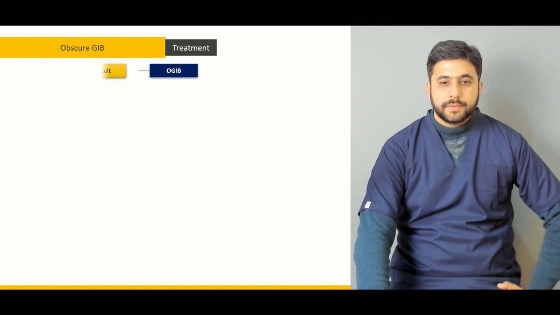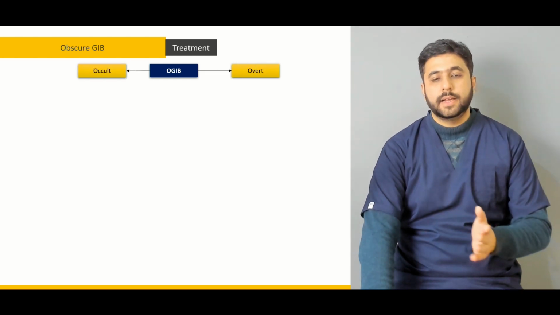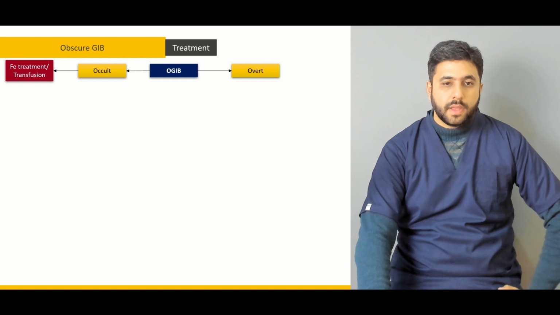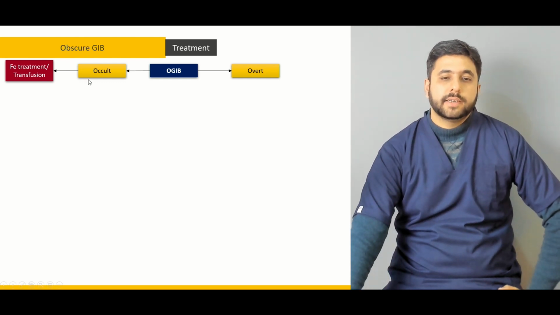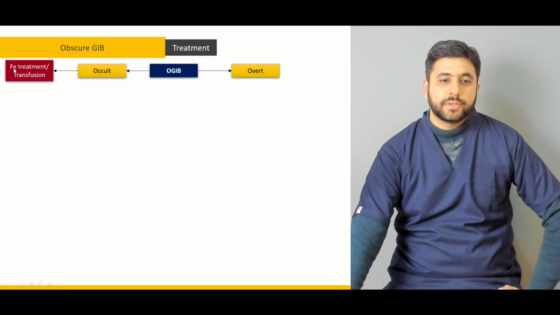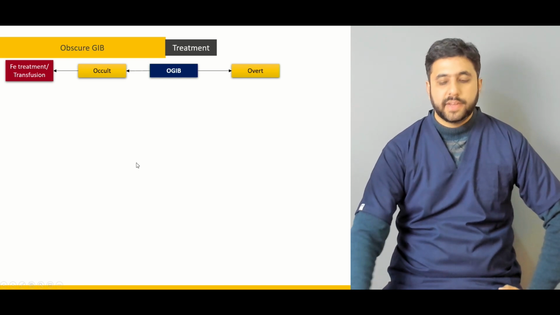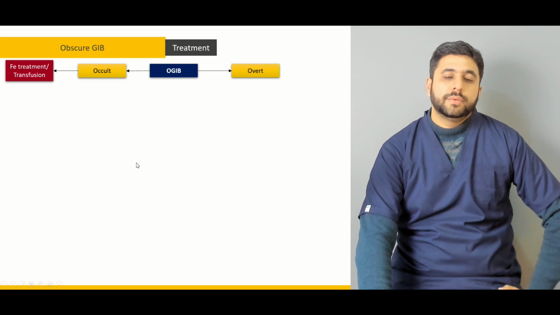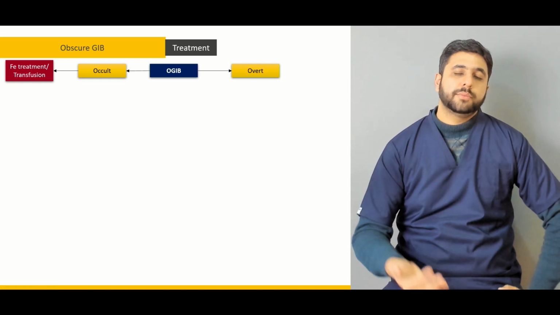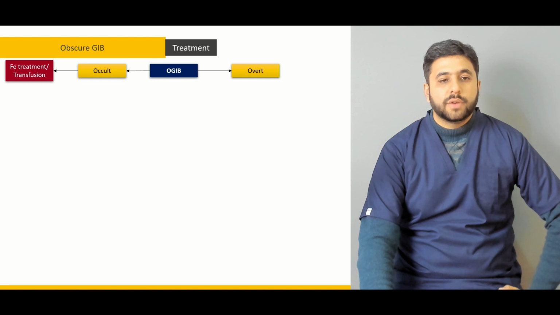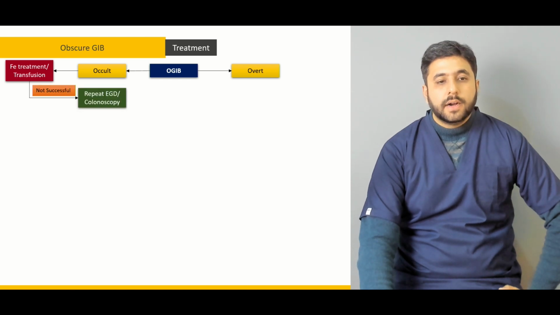All right. As I told you, it can be either occult or overt. If there is occult or hidden GI bleeding, you treat the patient with iron, or give an iron tablet, or a ferrous sulfate tablet, to make him feel better or make his hemoglobin go up. And along with that, you are going to follow stepwise as follows.